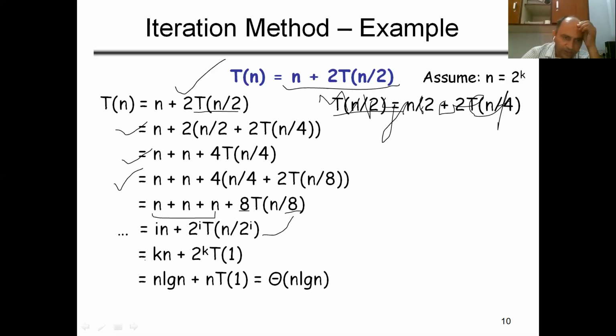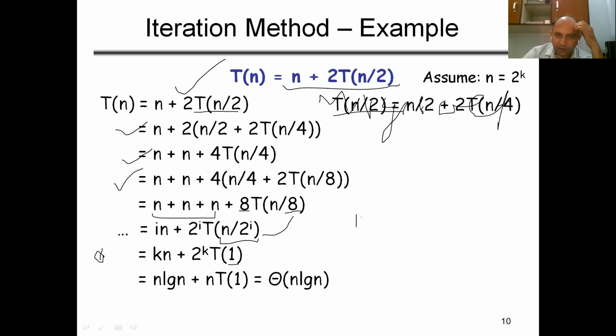So I suppose at the last step, after k steps, n is reduced to 1. So by this equation I can find the value of k.